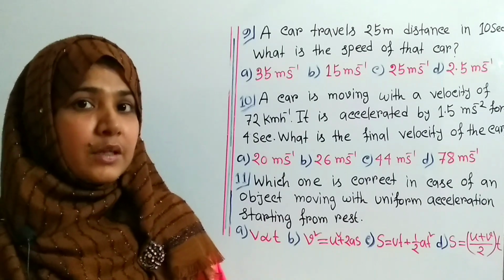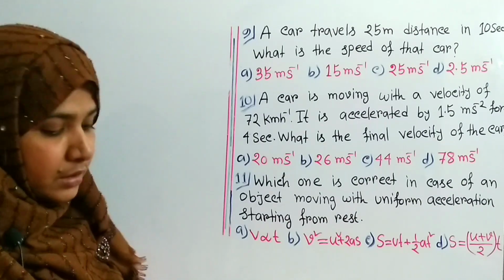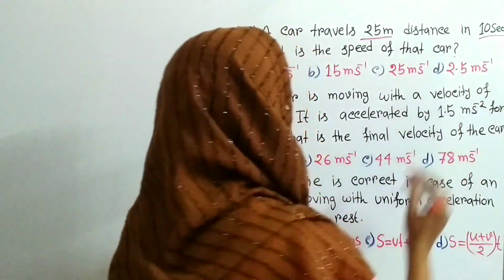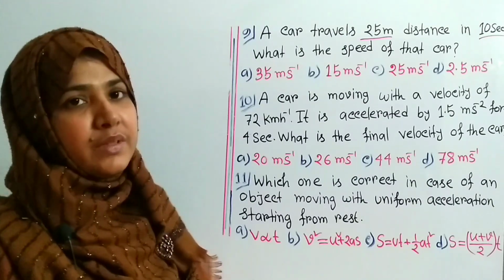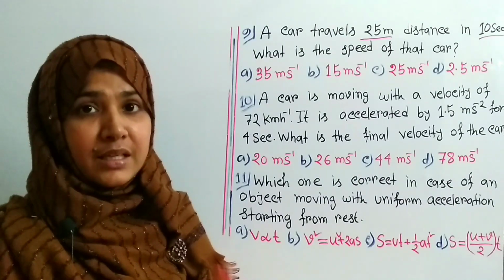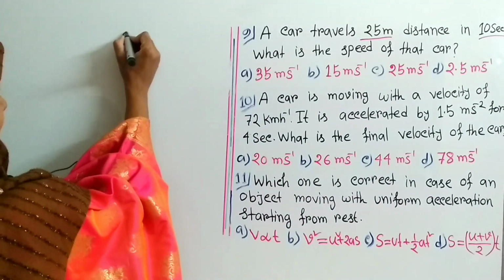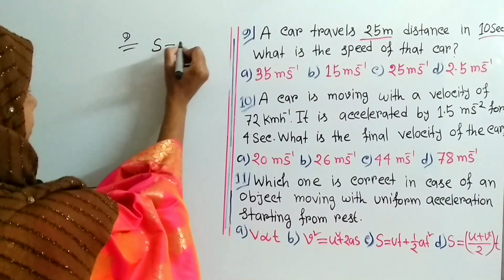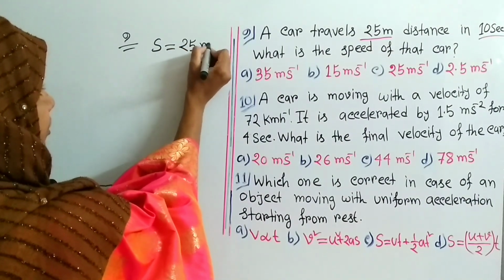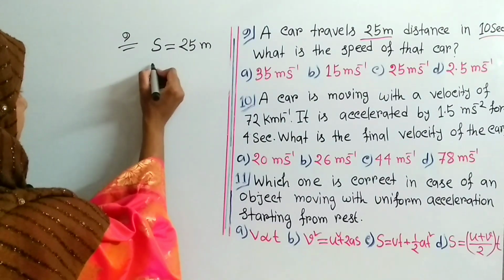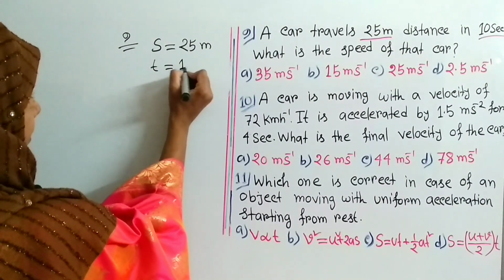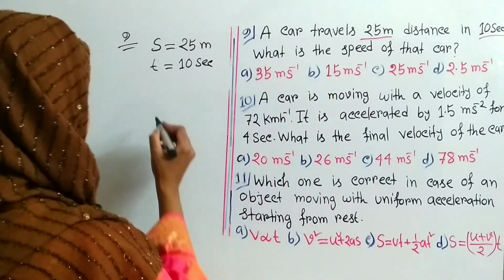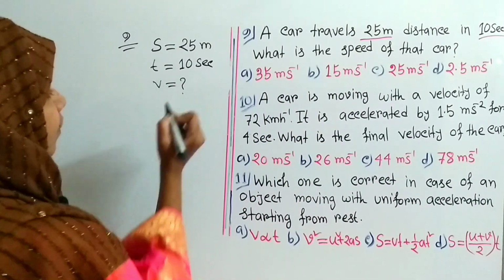Question 9. The question is, a car travels 25 meter distance in 10 seconds. What is the speed of the car? So here you can see that the given informations for question 9 are distance, that means the value of S is given here, 25 meter, and the time or T is given, 10 seconds, and we have to calculate the speed, that is V is equal to what?